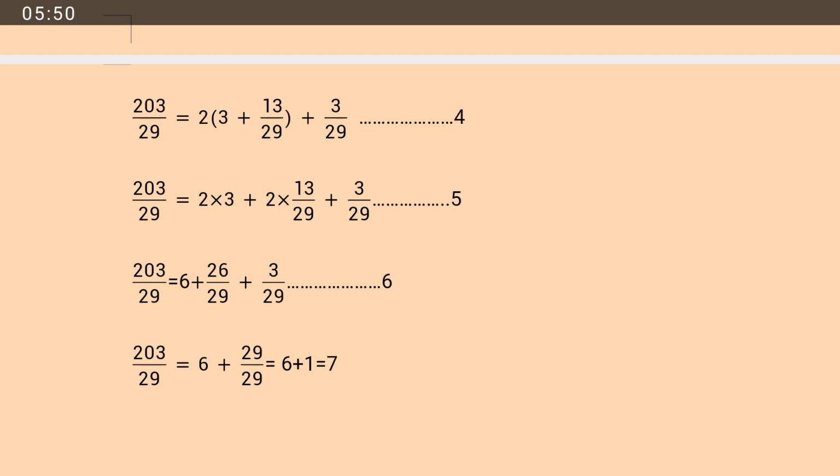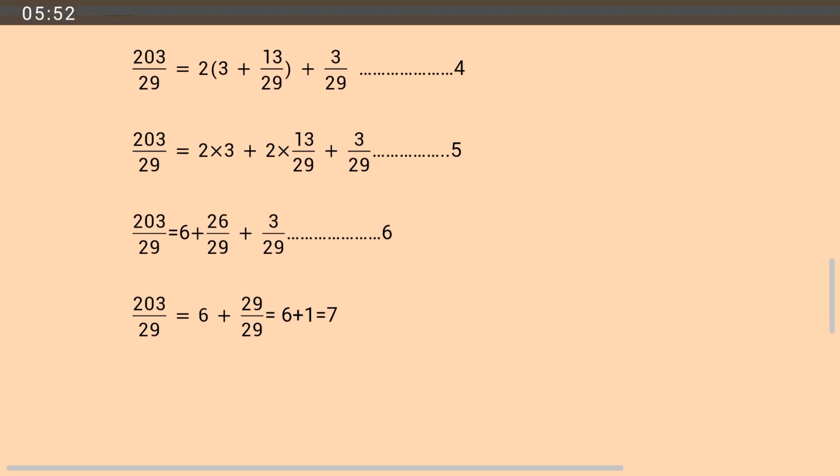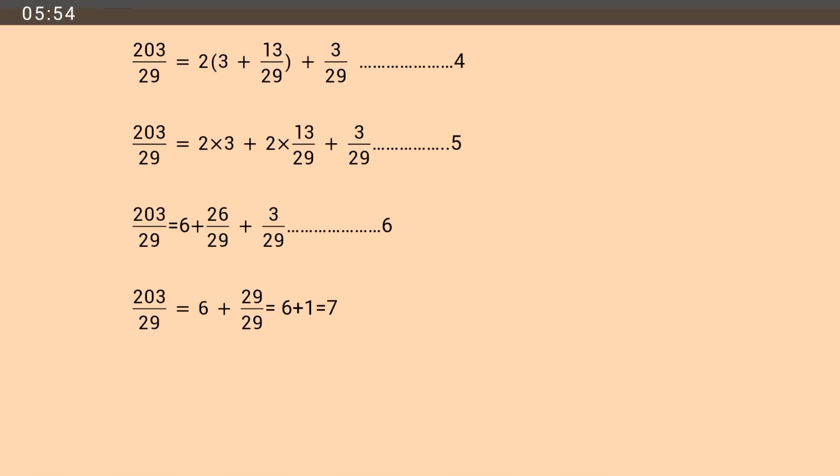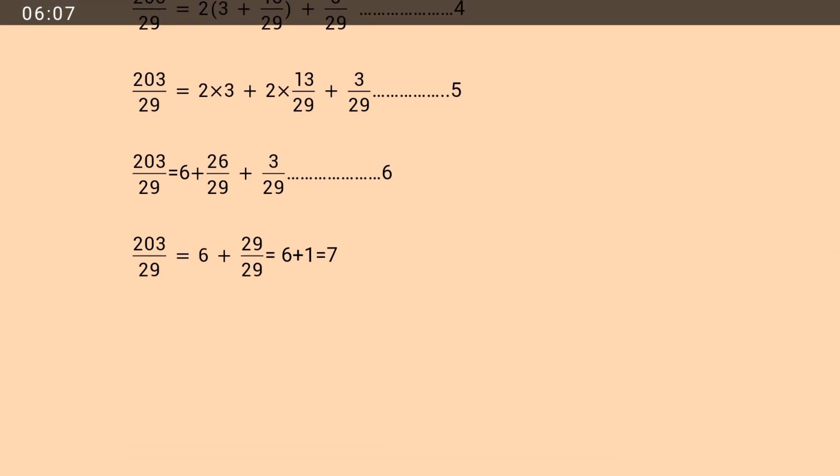As in equation 4, and from equation 4 we obtain equation 5: 2 times 3 plus 2 times 13 over 29 plus 3 over 29. From equation 5 we obtain equation 6. 2 times 3 is 6, and 2 times 13 over 29 is 26 over 29, plus 3 over 29.